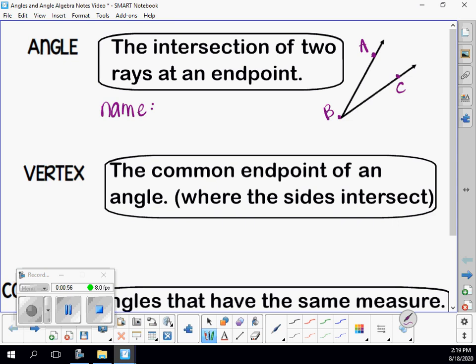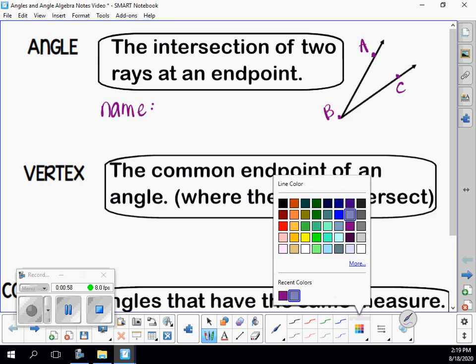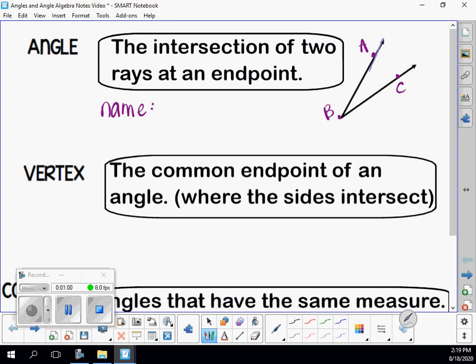So if I start at A, and I'm going to trace it down to follow it, I'm at B, and then back over to complete it, I'm at C. So I started at A, went down to B, and then over to C. Squish them all together, and then put the angle symbol in front of them.